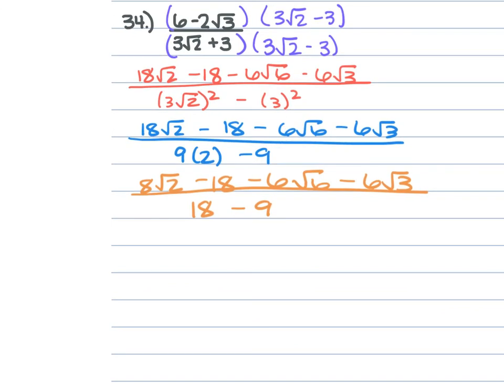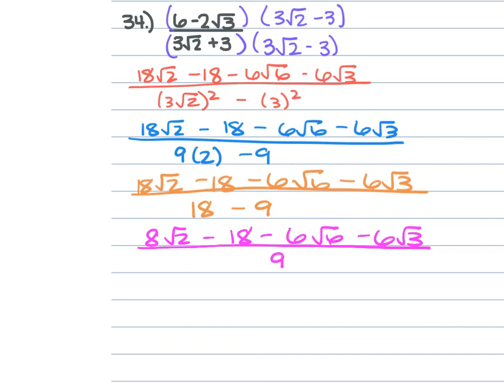So we have 18 square root 2 minus 18 minus 6 square root 6 minus 6 square root 3 all over 9. This should be an 18, not an 8. That's why this was looking weird to me.